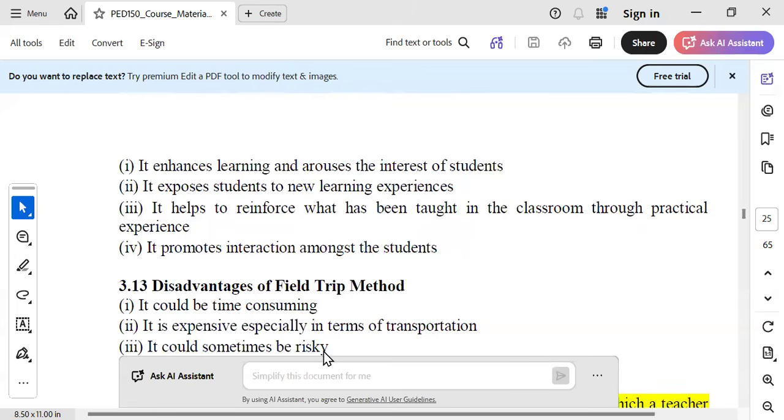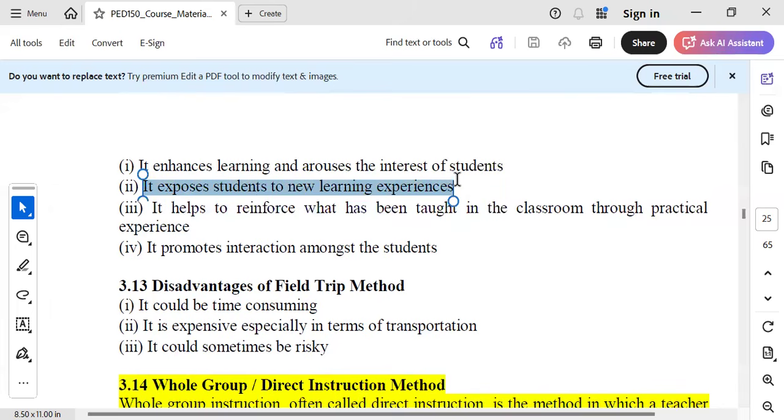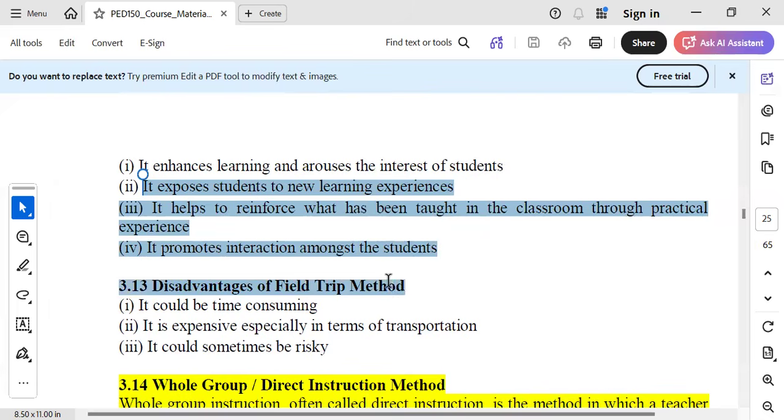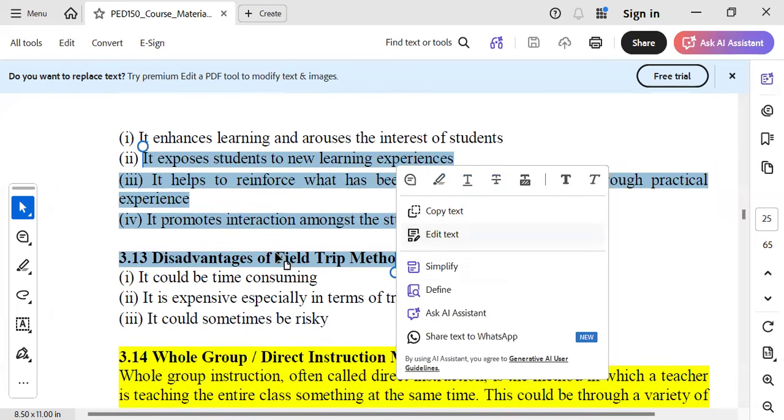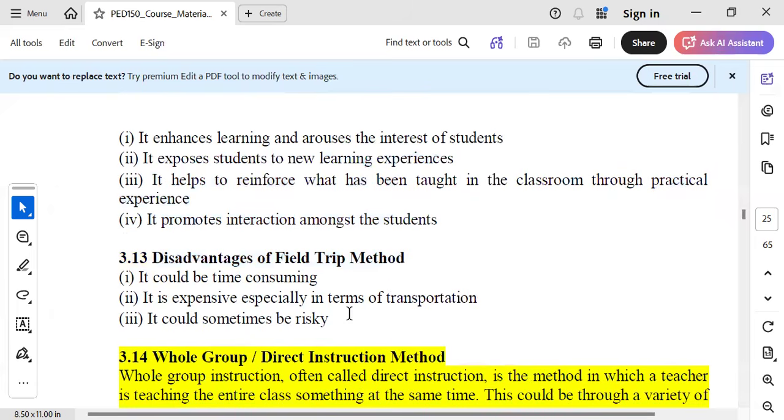It exposes students to new learning experiences. This is very self-explanatory. It helps to reinforce what has been taught in the classroom through practical experience, and it promotes interaction amongst the students. Now, the disadvantage of the field trip method is that it could be time consuming.